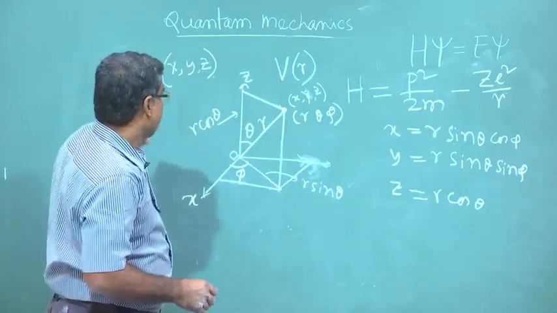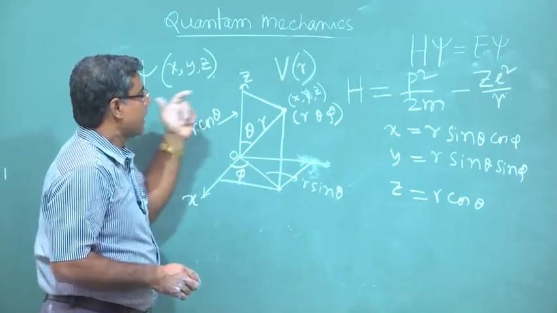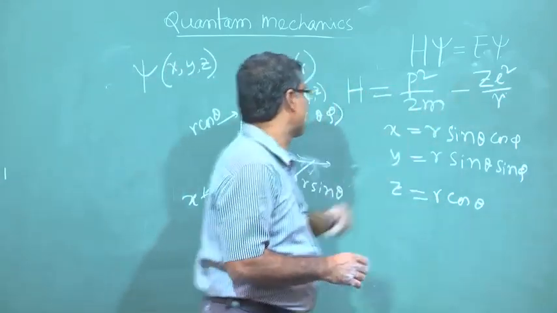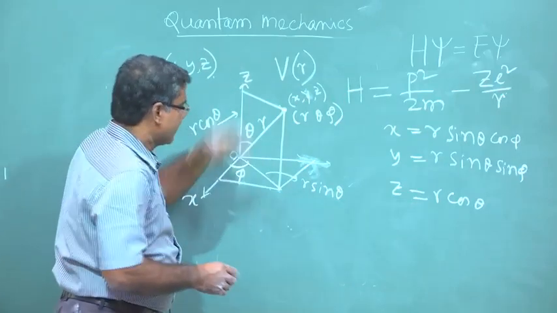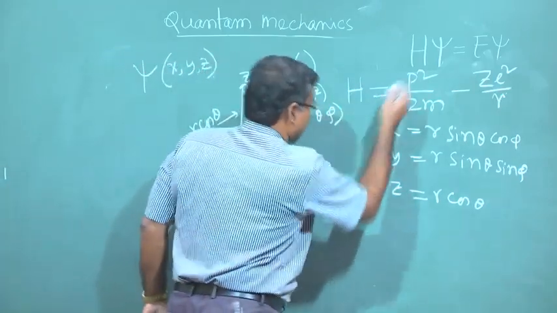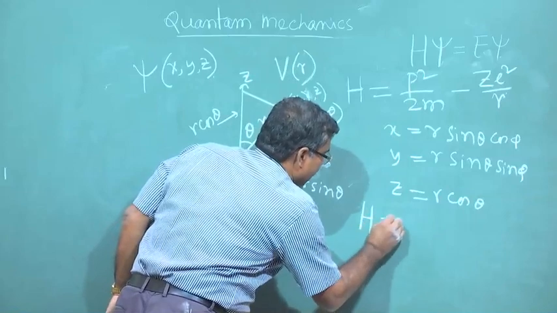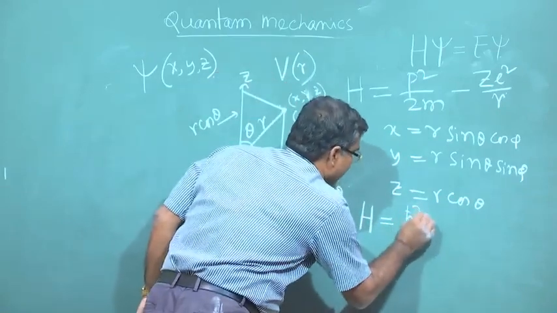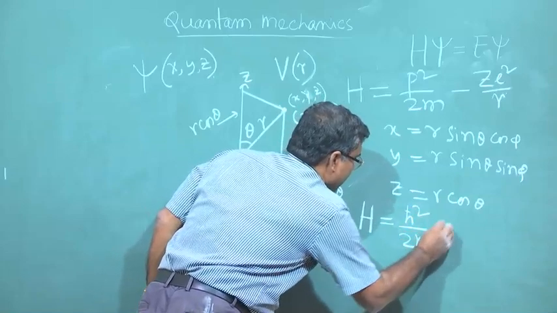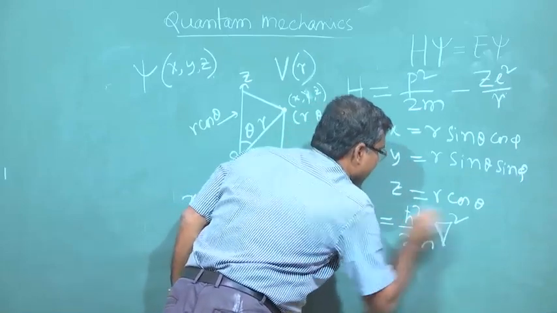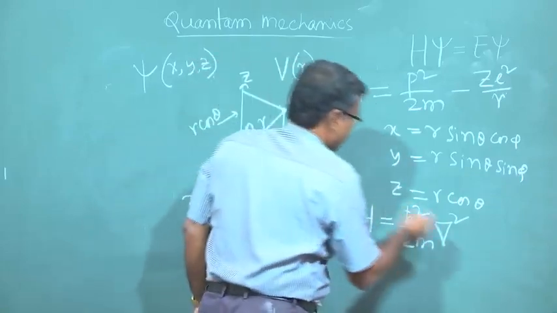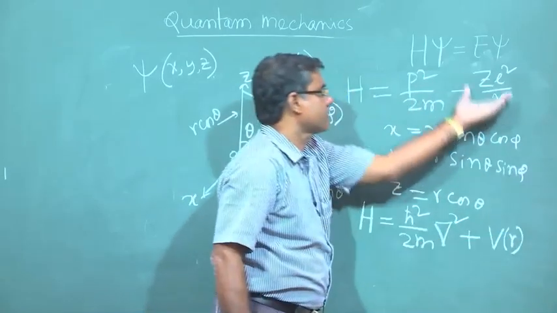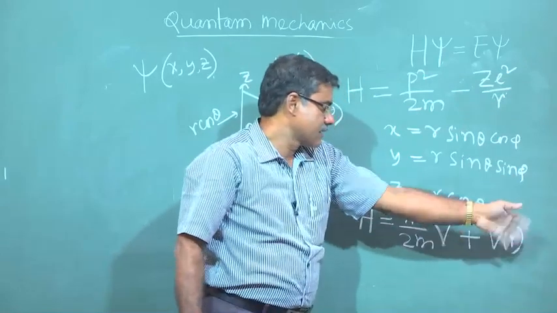Now, in the Hamiltonian, what is there? In terms of kinetic energy and potential energy, in 3 dimensions H is h cross square by 2m times the Laplacian for 3 dimensions, plus its potential energy V(r).